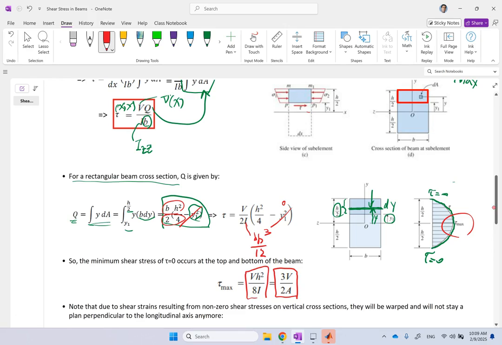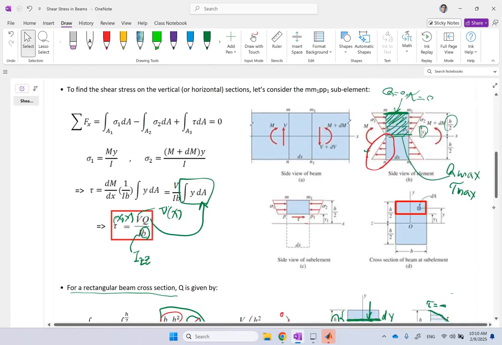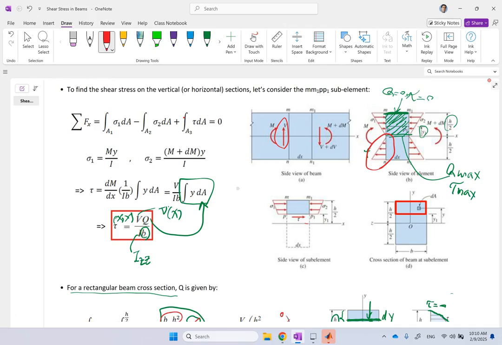Remember, at this cross section, the shear force is V. So if you divide V by the whole cross section A, you expect that is the average shear stress on that plane, because the distribution is not uniform, correct?